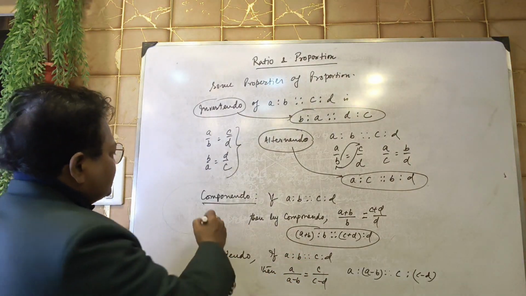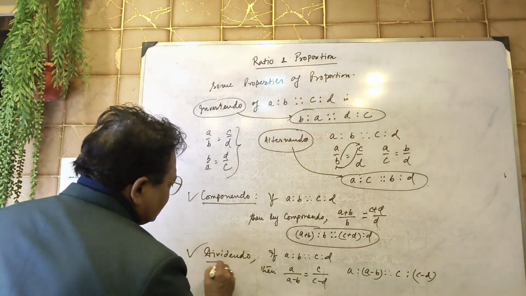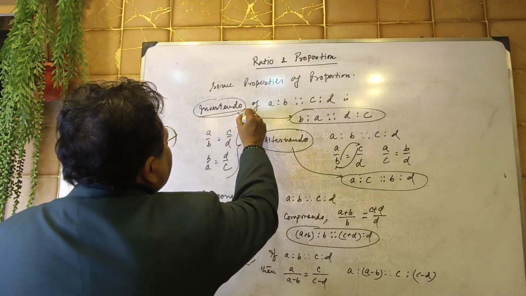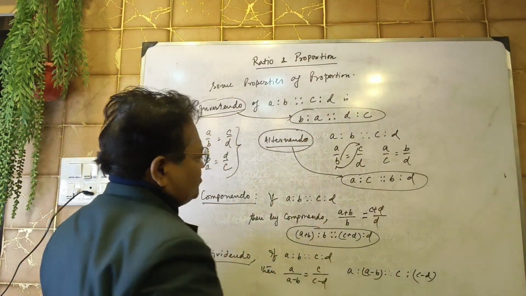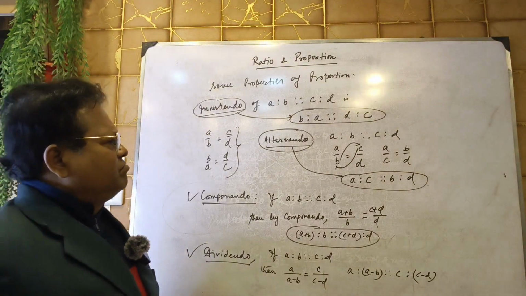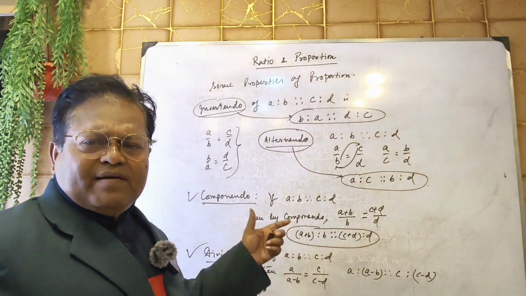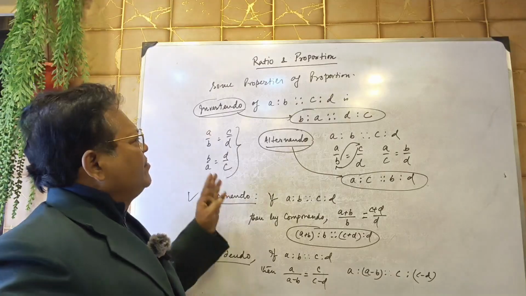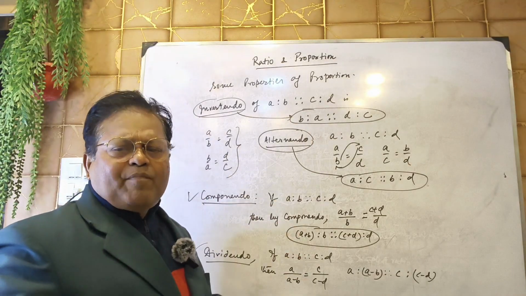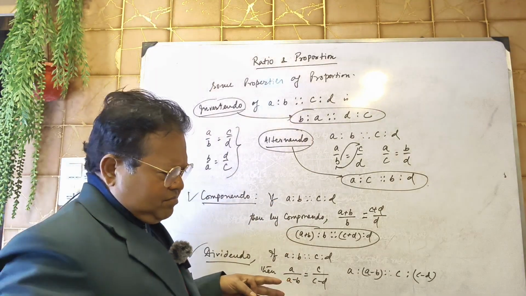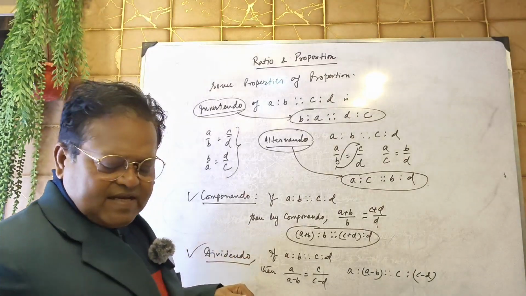Now it is componendo, it is dividendo, here it is invertendo, it is alternando. If you do not get it in any book, you can take this screenshot. Here you will get all the properties of proportion that I am discussing here.